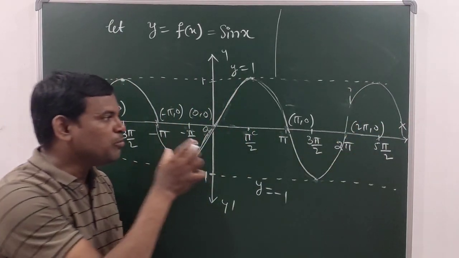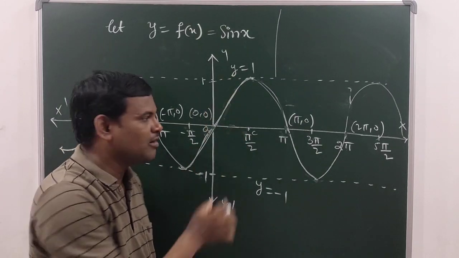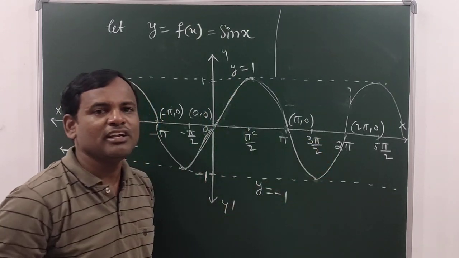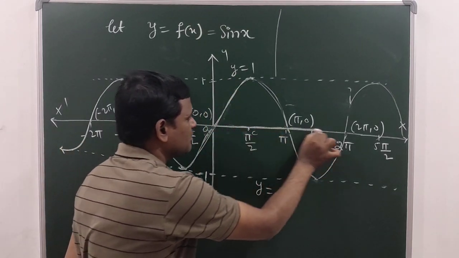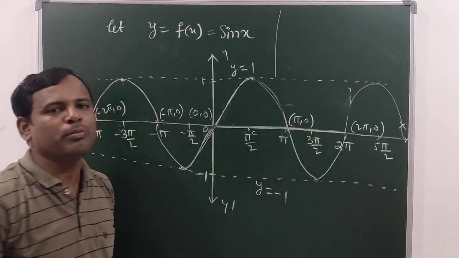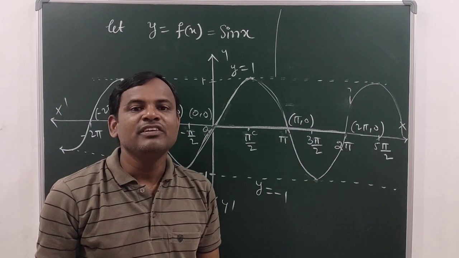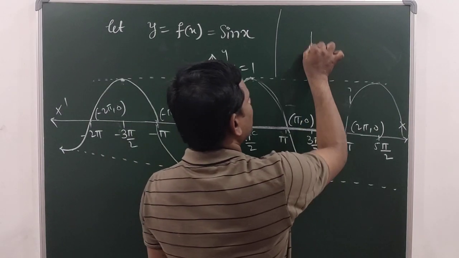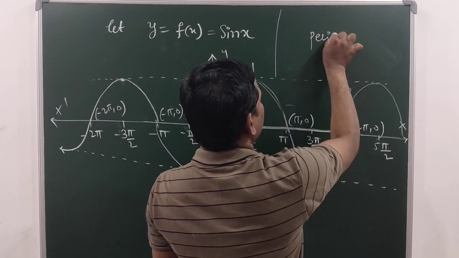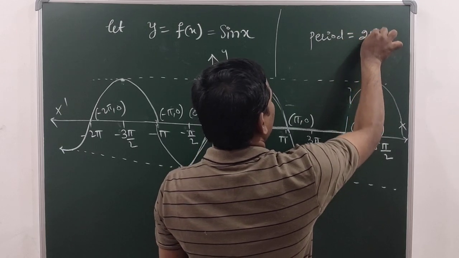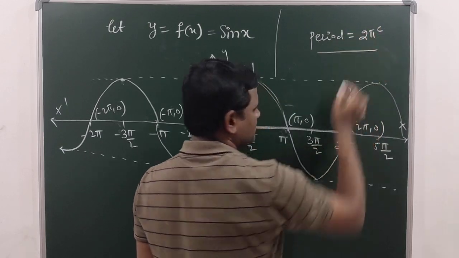After how much length of interval is the graph of sin x repeating? 2 pi length, from here to here, 2 pi. Hence, it is a periodic function with period 2 pi. The period is 2 pi radians.